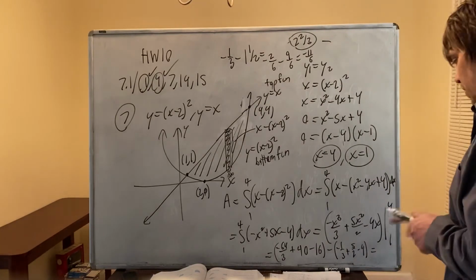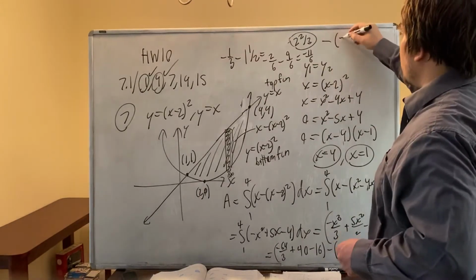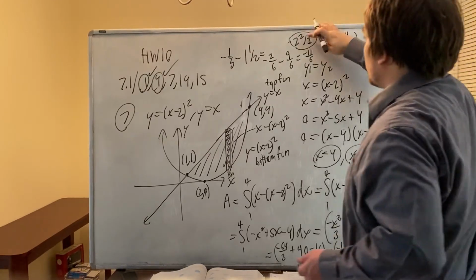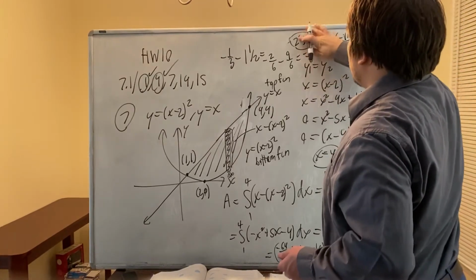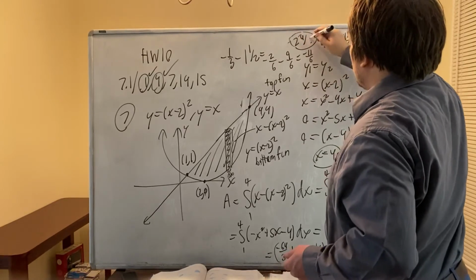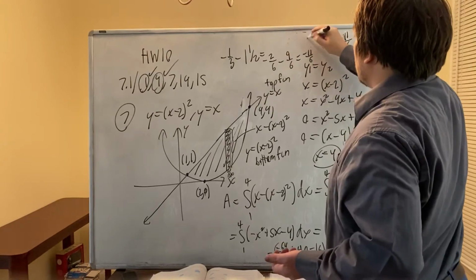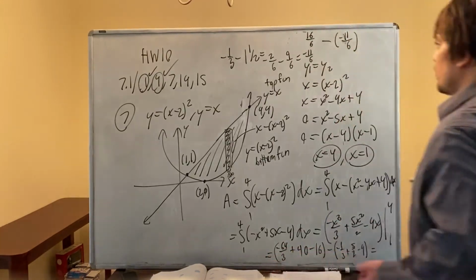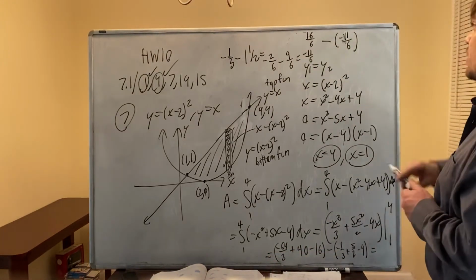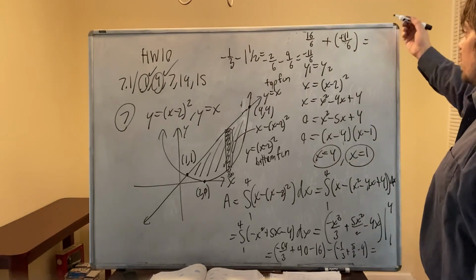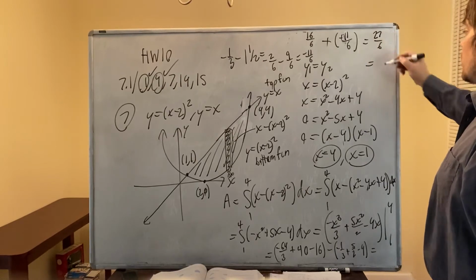So it's 2 2/3 minus negative 11/6. 2 2/3 is the same as 2 4/6, so that's 16/6. 16/6 minus negative 11/6 is 16/6 plus 11/6, that's 27 over 6.